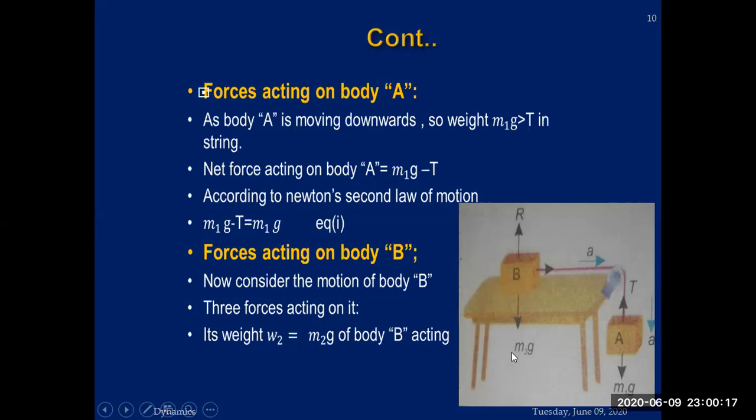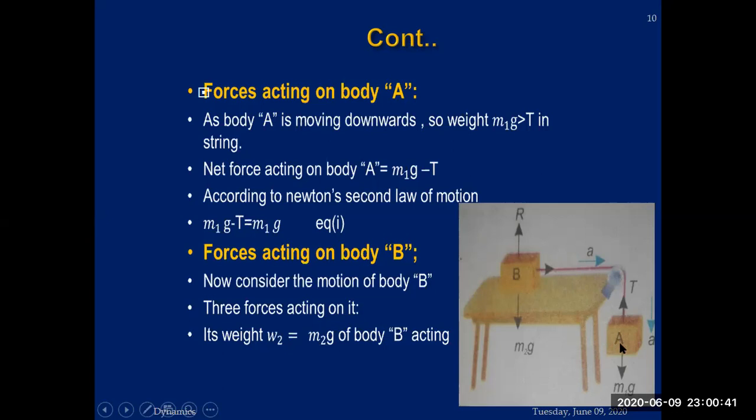Its weight is acting in downward direction, and the reaction is acting in upward direction. These two are equal and opposite, so these two forces will cancel each other. There will be no force acting along the vertical direction. The only force acting on the block will be the tension from the pulley to the block, which will be responsible for producing the acceleration in body B of mass m2.